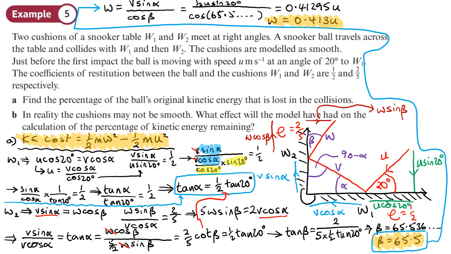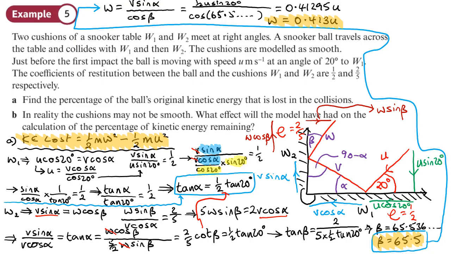Well, we're working out the percentage loss, so actually the mass doesn't matter, that's going to cancel out. So to find a percentage lost, what we want is the change in the kinetic energy divided by the original amount of kinetic energy.